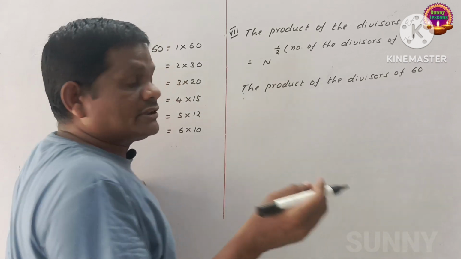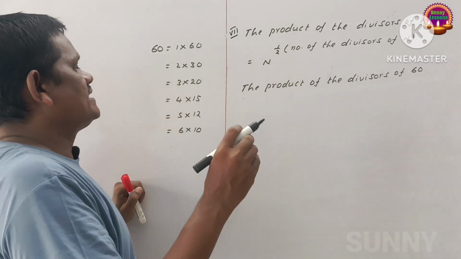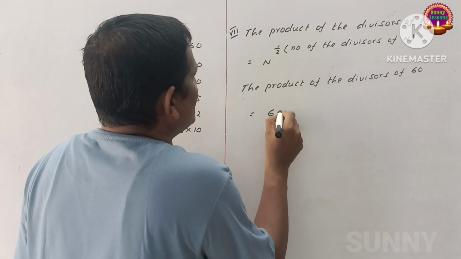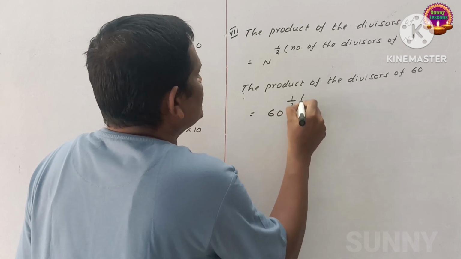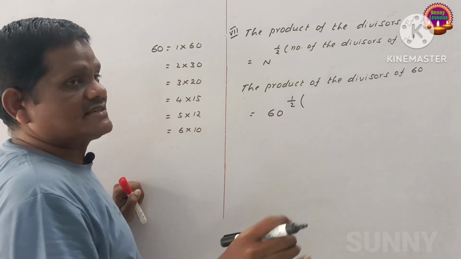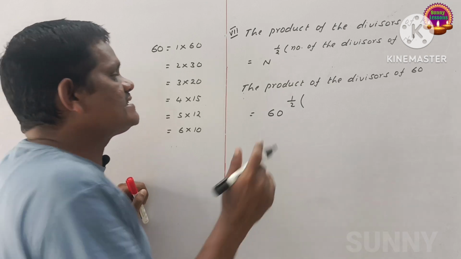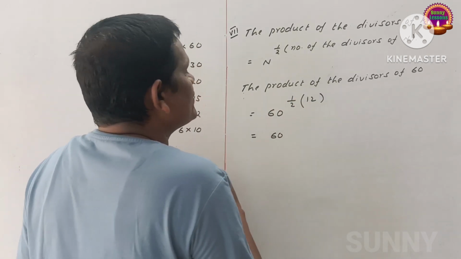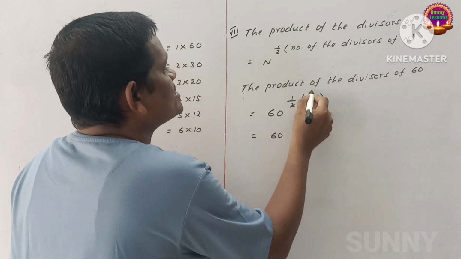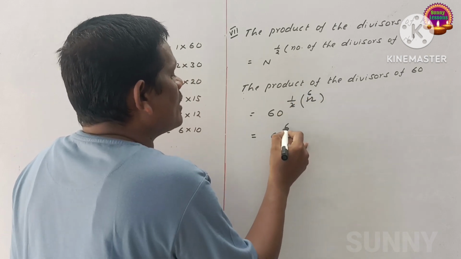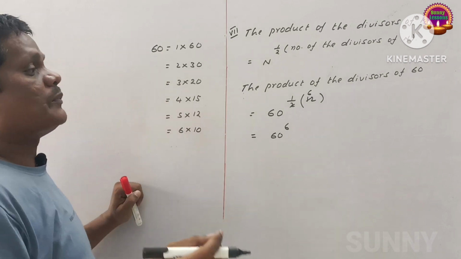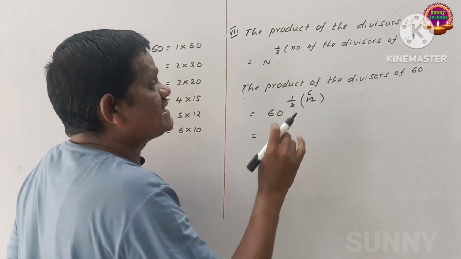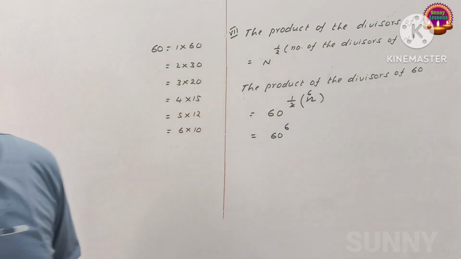Find the product of the divisors of 60. Here 60, the whole to the power of 1 by 2 into the number of divisors. The number of divisors of 60 is 12. So 60 to the power of 12 by 2, 6. So the product of the divisors of 60 is 60 power 6.